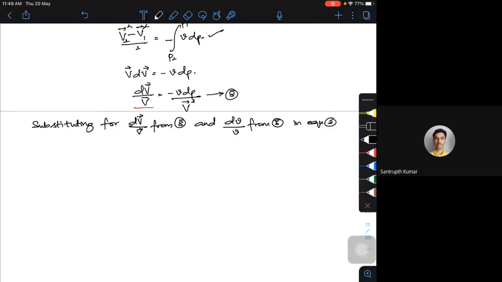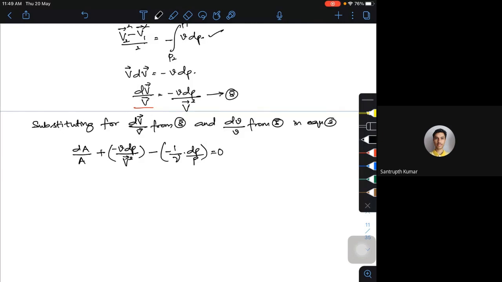So what will happen? Your equation will become something like this: dA by A plus, minus VdP by V square, minus 1 by gamma into dP by P, which is equal to 0.